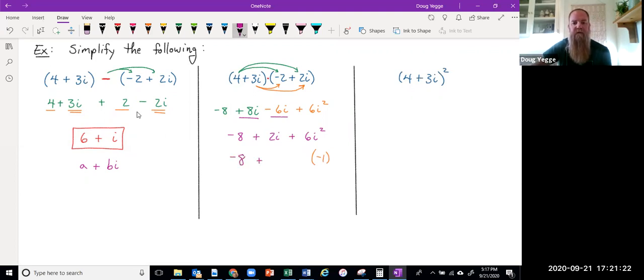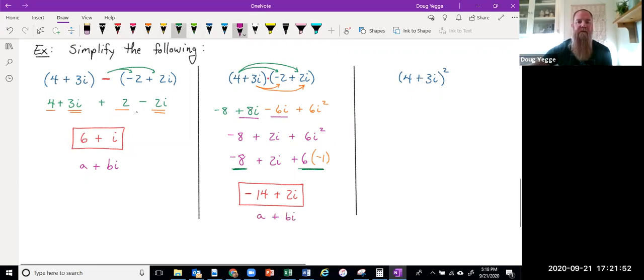So we're left with negative 8 plus 2i plus 6 times negative 1. So now if we combine the negative 8 and the negative 6, we're left with negative 14 plus 2i. Every complex number will eventually simplify to look like a plus bi, just as this one does as well.